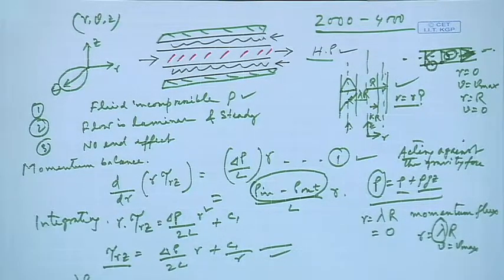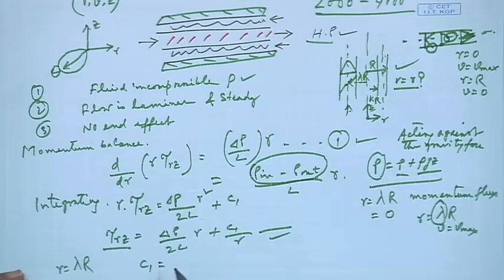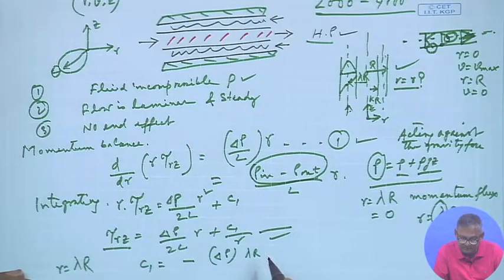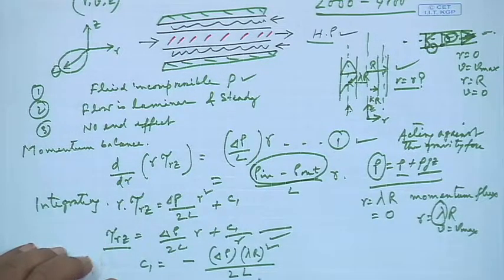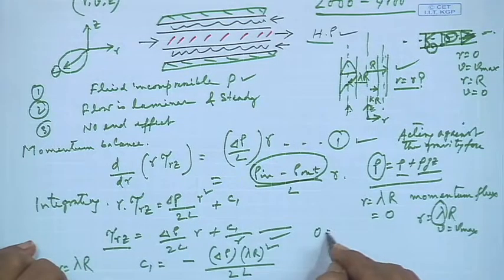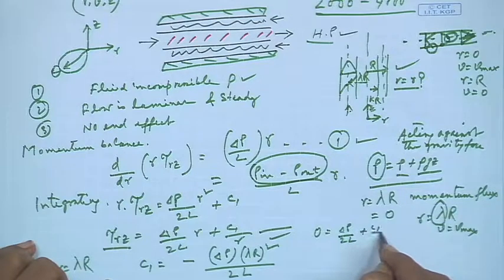If that be true, then 0 equals delta p over 2L lambda r plus C1 by lambda r, so C1 becomes equal to minus delta p into lambda r squared divided by 2L.